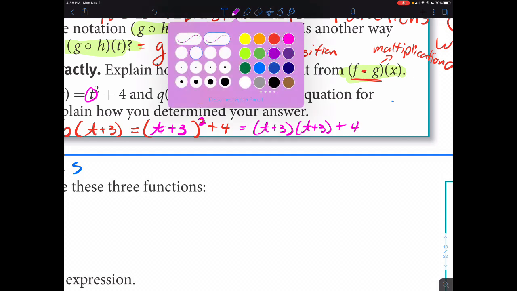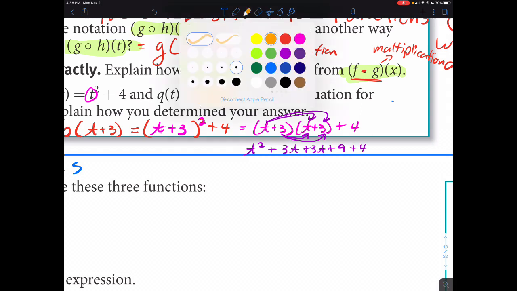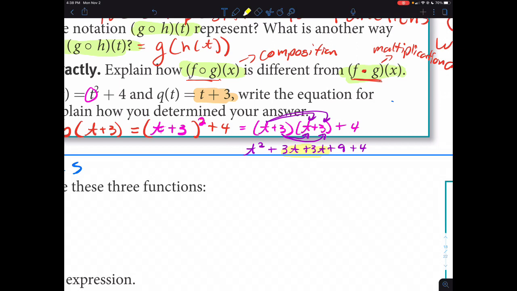That's going to become t times t, which is t squared, t times 3, which is 3t, and then 3 times t, which is 3t, and then 3 times 3, which is 9. Bring down the plus 4, combine those like terms, 3t plus 3t, so you have t squared plus 6t, and then 9 plus 4, which is 13.